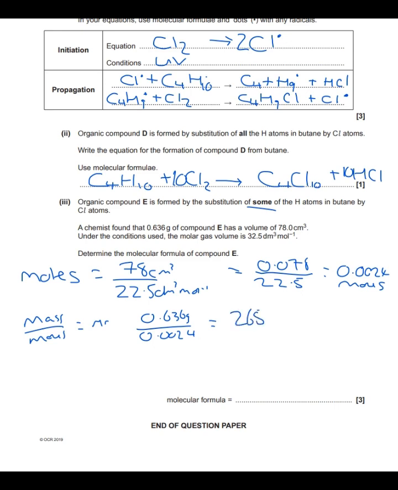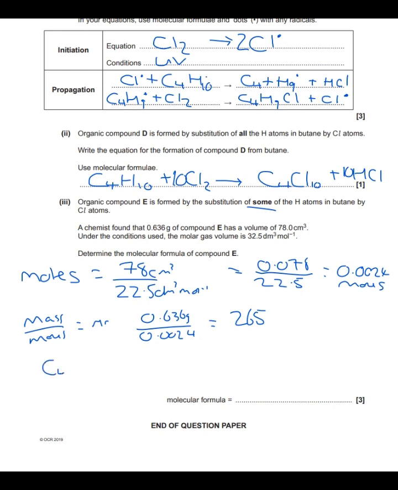So we know that our compound E has a molecular mass of 265. Now it's a case of trying to work out how many of those hydrogens have been substituted by chlorine. This might be a little bit of trial and error.